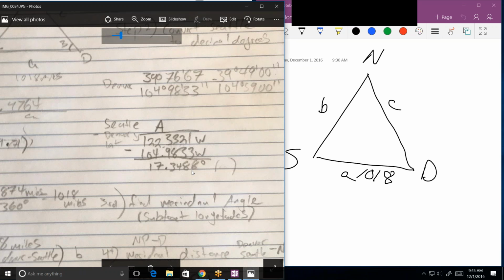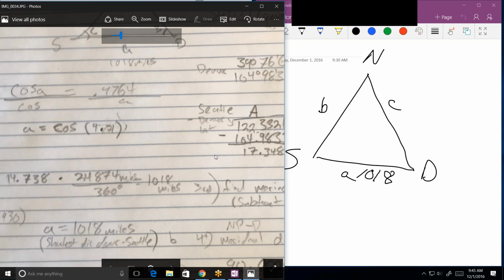And then you need the longitude to figure out how high up on the sphere you are. So the miles between Seattle and Denver have to do with not just the difference in latitudes, but also the difference in longitudes. It's some combination, is my guess.